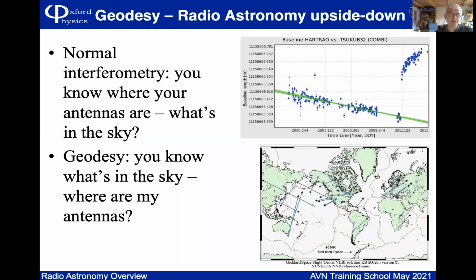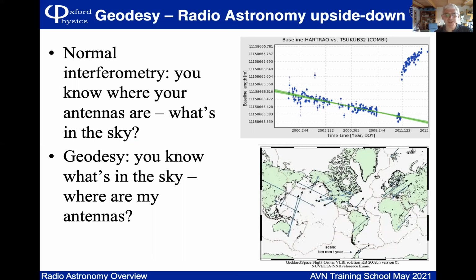And finally, one important and very practical aspect of radio astronomy is you can essentially turn radio astronomy upside down. Normally, certainly in interferometry, you have a set of antennas that you know where they are, and you're looking at things in the sky, and you want to work out what it is that you're looking at in the sky.